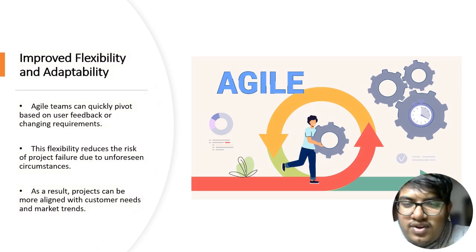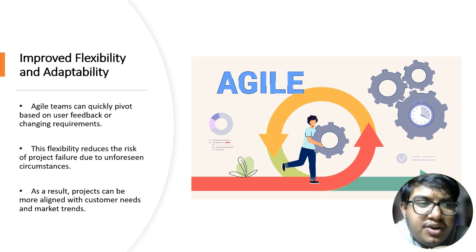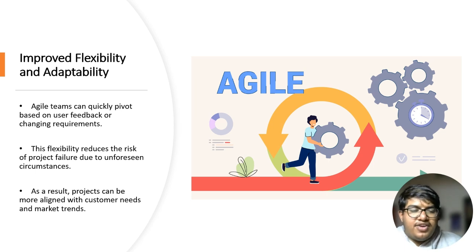Now, improved flexibility and adaptability. Agile teams can quickly pivot based on user feedback and changing requirements. As I said, you get live updates every time, feedback from the prototype you created, which helps teams quickly adapt and make changes to the software or whatever they are developing.